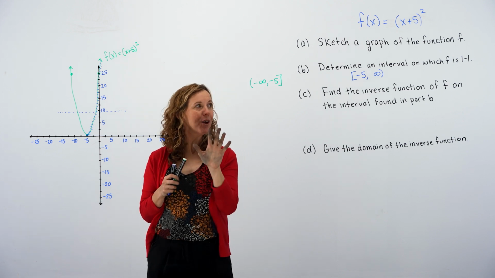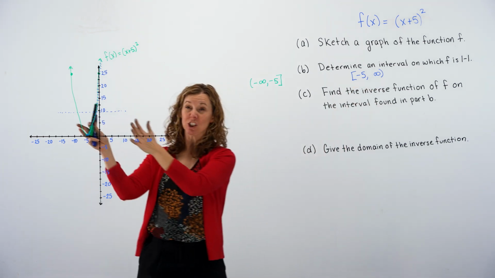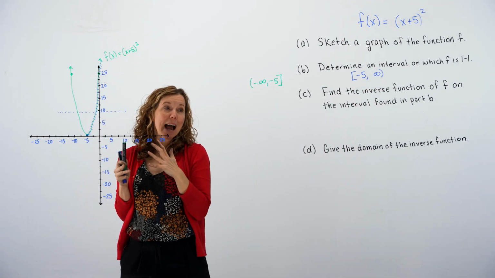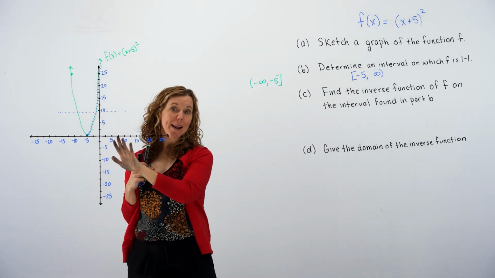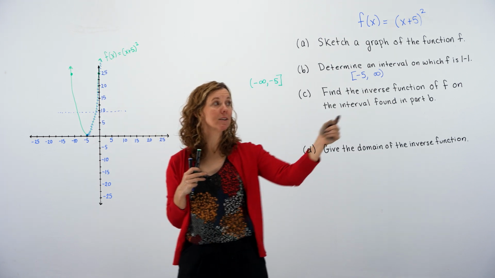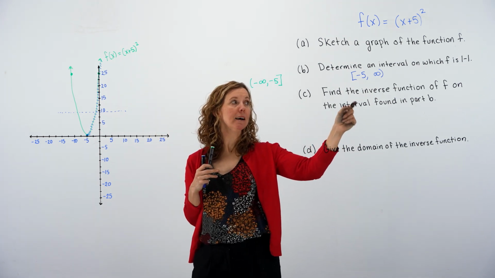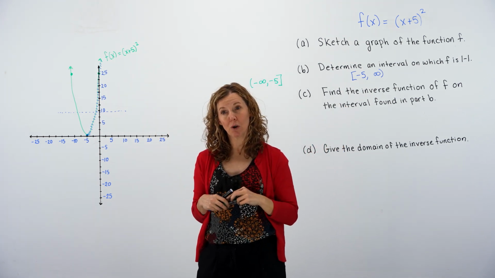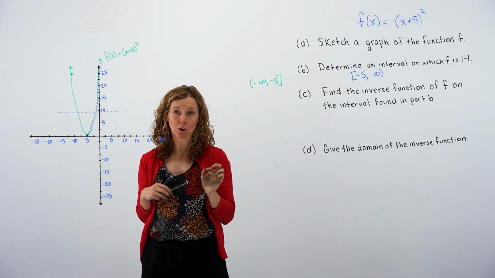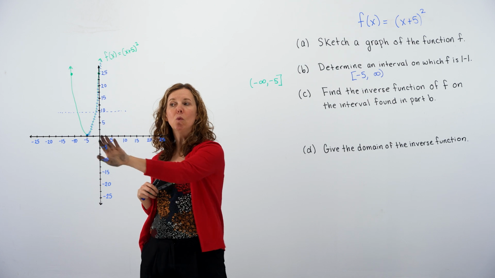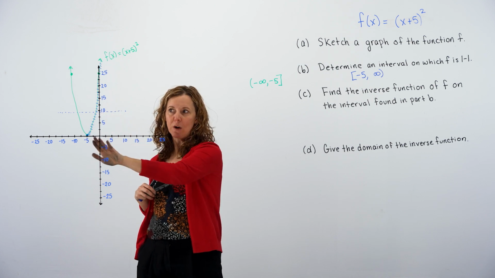Okay, so now that we have taken our function, we've broken it down to a smaller interval on which it's 1 to 1. Now it makes sense to find the inverse function of f on that interval. Remember, the important thing here is that we can't find an inverse function until we've started with a 1-to-1 function to begin with.